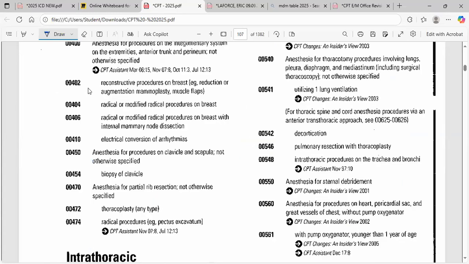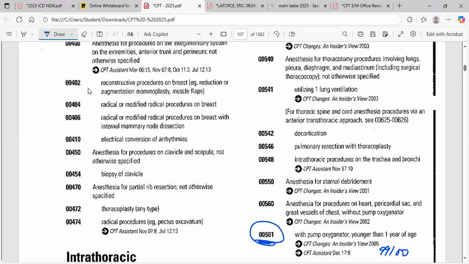Now tell me, with the code 00561, are we allowed to use 99100? Are we allowed to code 00561 as well as 99100 together?